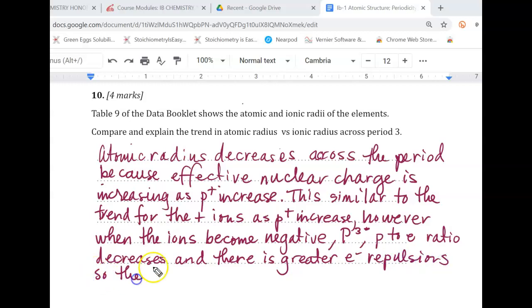So the ion radius increases. That was a lot to write. It was worth 4 points.